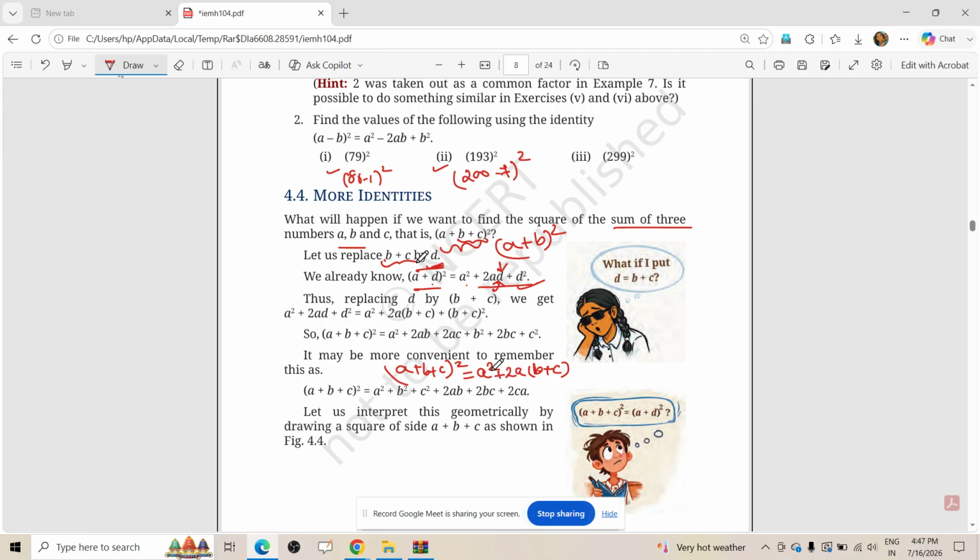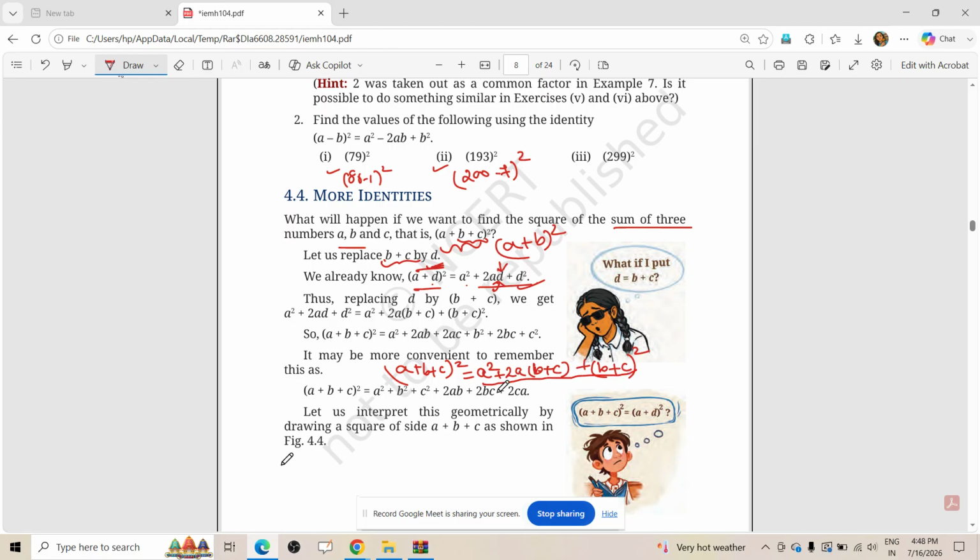That is a square plus 2a into d. In place of d, we are writing b plus c, right? And plus d square. D square is b plus c whole square, right? So simplify this.